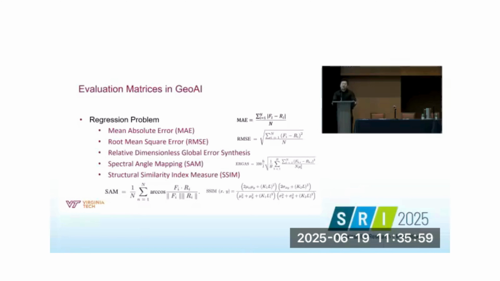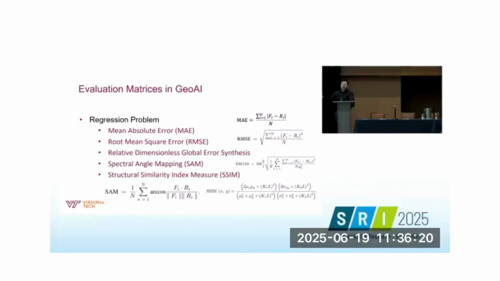If we are diving into the realm of remote sensing analysis or more complex evaluation tools, there are others. For example, the relative dimensionless global error in synthesis, the ERGAS, whose equation is over there, is a little bit more complex, but they are mostly looking at each pixel, right?